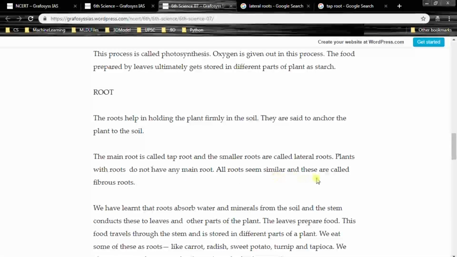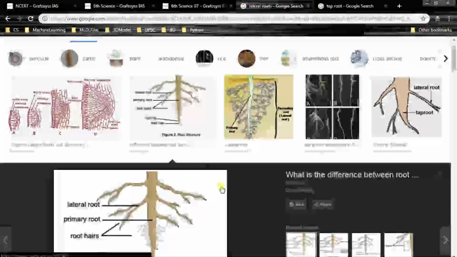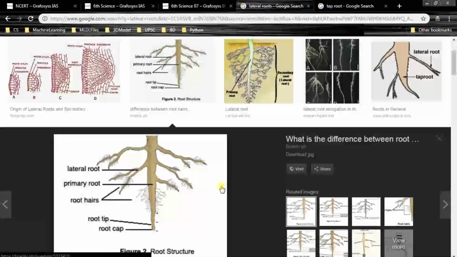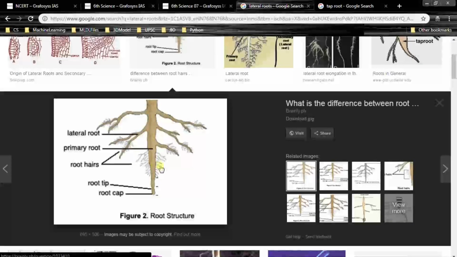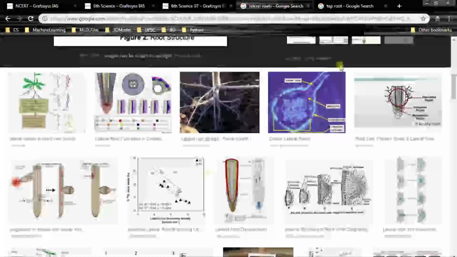All roots seem similar, and these are called fibrous roots. Fibrous roots are which are like fibers. Yeah, root hairs, similar thing.